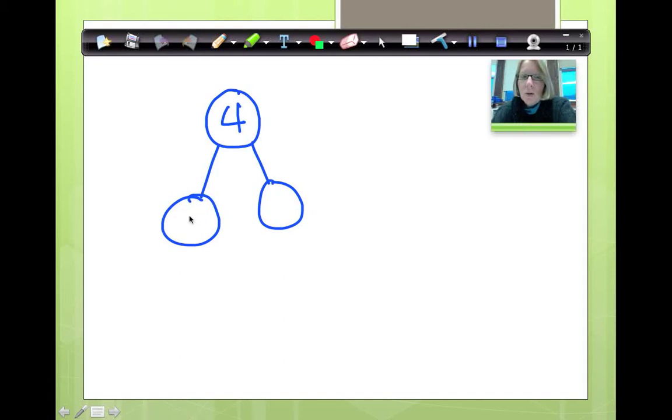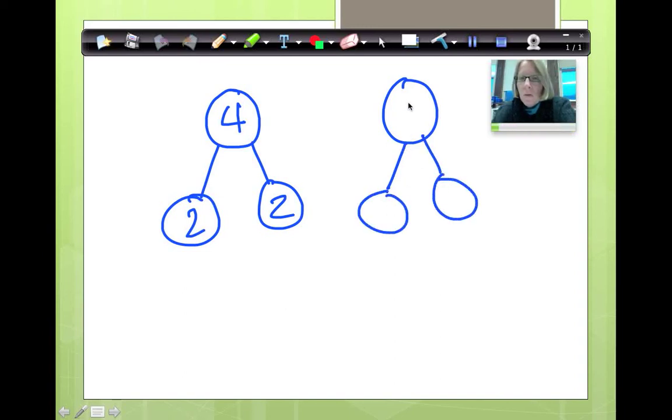Well, I could do a 2 and a 2, couldn't I? Can I do anything else? What about a 1 and a 3? Okay, anything else? No, because if I switch them around, it's still the same number bond. So if I do 3 and 1, still this number bond.